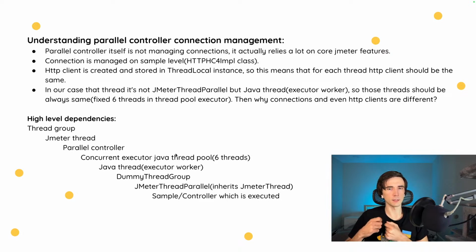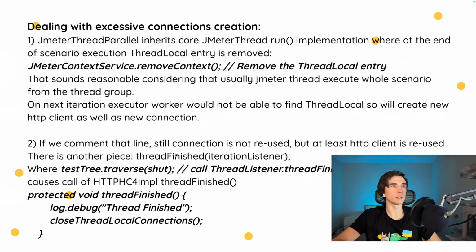But for some reason, something is forcing the thread to close the connection. And it is done actually in the JMeter thread. And why, we'll figure it out a little bit later. Probably maybe in this one.